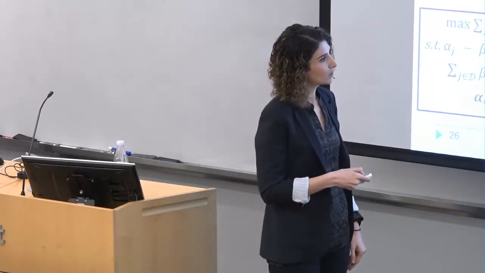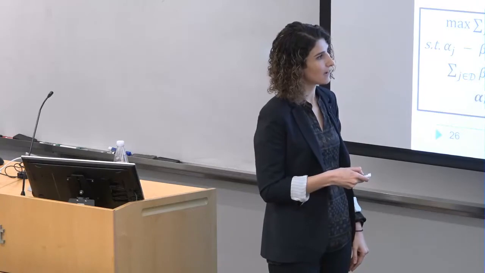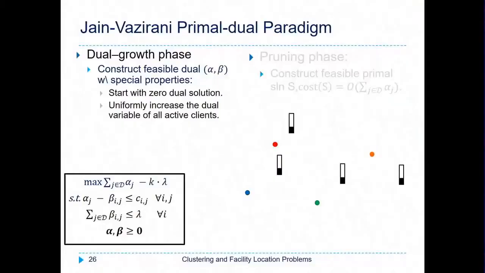So we have 4 clients in different colors, and we have 4 facilities. I'm going to use this bar to keep track of the contribution of clients toward the opening cost of a facility, basically making sure that this inequality is feasible. Then we increase the alpha j of clients. It is like having a ball or a circle around each client, where the radius of the ball is alpha j.